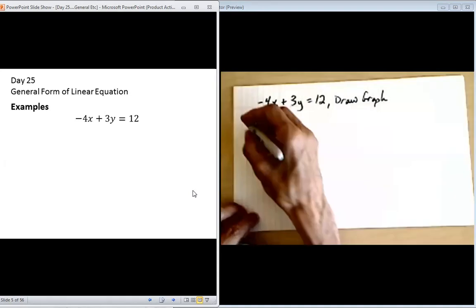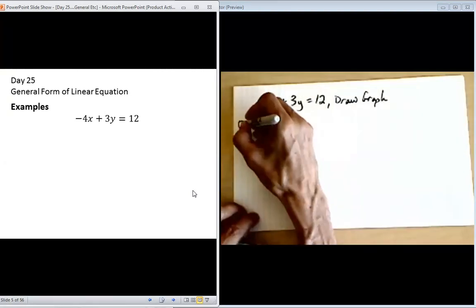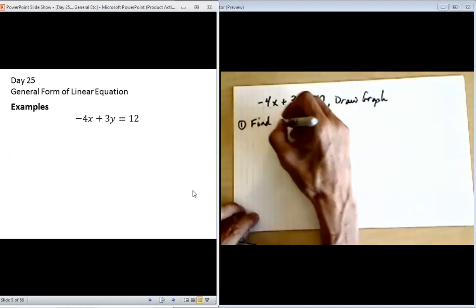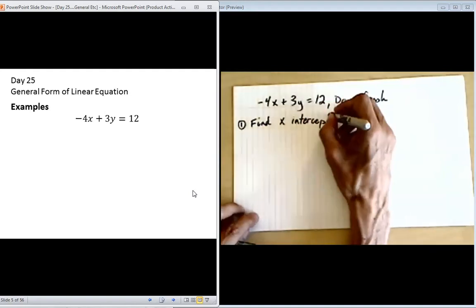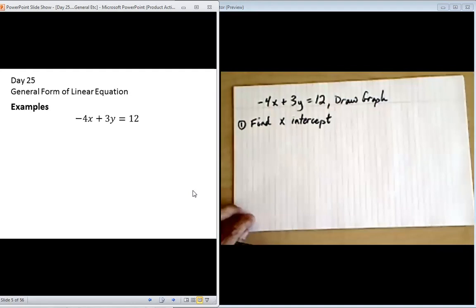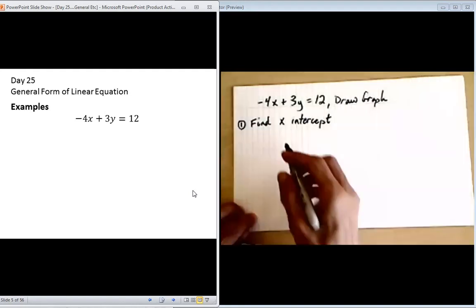Okay, now let's take care of the first step. What we'll do is we'll find the x-intercept. How do we do that? Oh, yeah, well, how do we do it? 3y, y is going to be 3y. For the m, it's going to be plus 4, minus 4x. Oh, that might be going in a different direction. Okay. To find the x-intercept, what do we do?